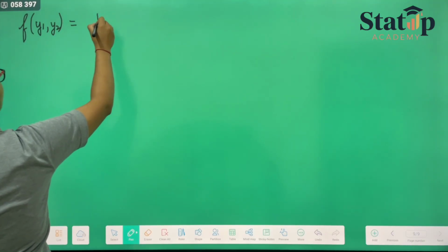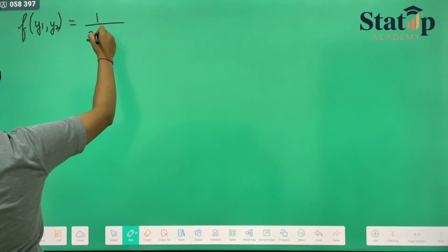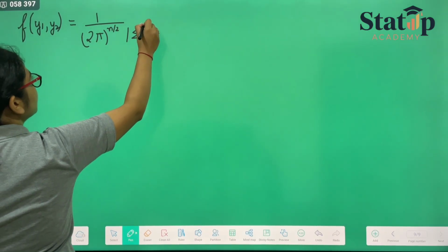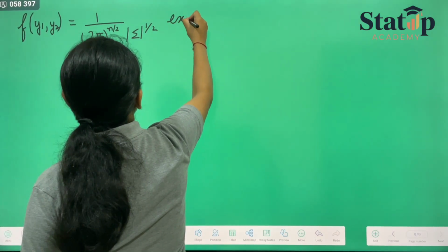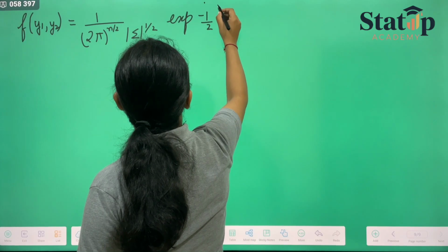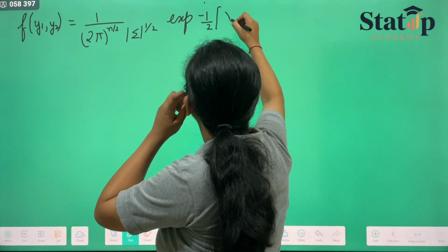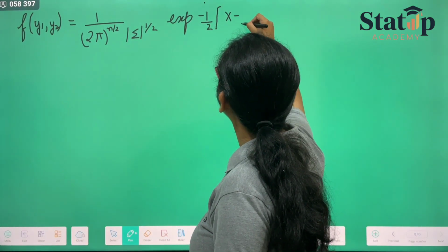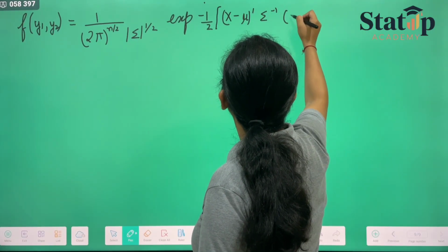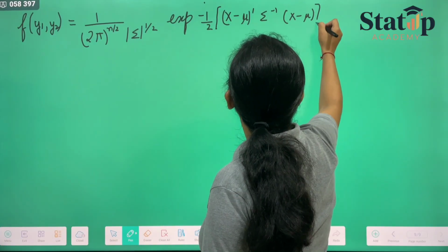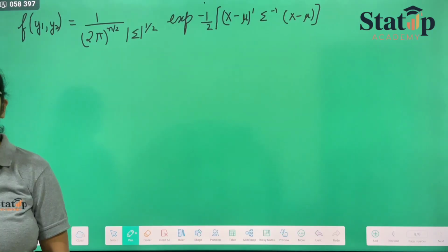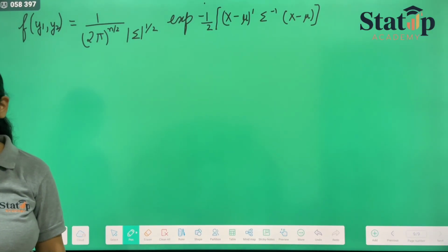What is the PDF of y1 and y2? 1 upon 2 pi raised to the power n by 2 modulus of sigma raised to the power half exponential minus half x minus mu dash sigma inverse x minus mu. For a multivariate distribution, our PDF of y1 and y2 is given as this.